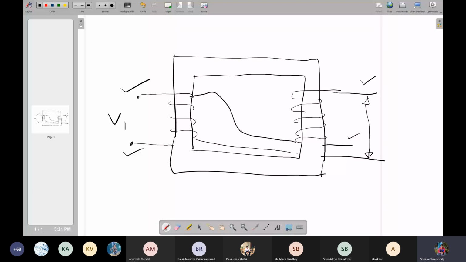No, those circular cores we put nicely to explain in the class. But in actual design, for the reason I told all of you to see your locality, you must have seen a pole mounted transformer where inside you have this type of rectangular core. But a circular core is also there.